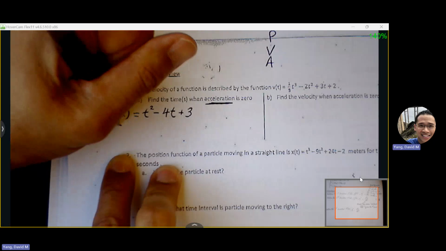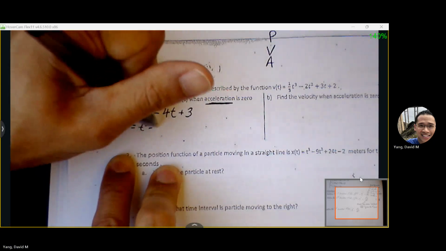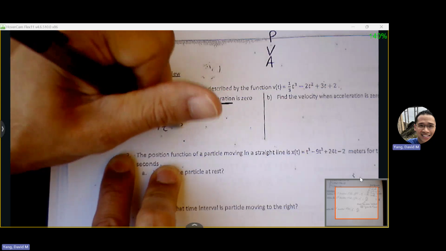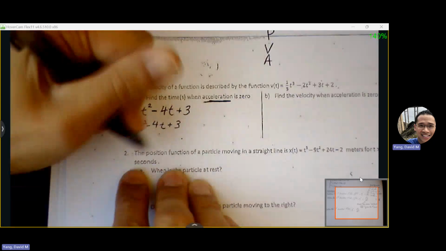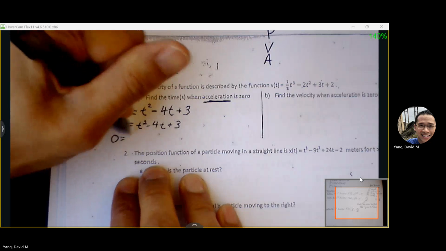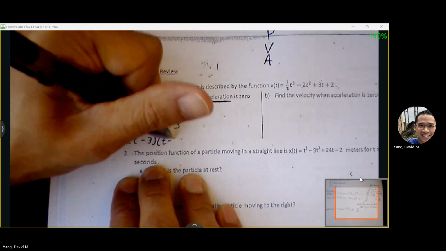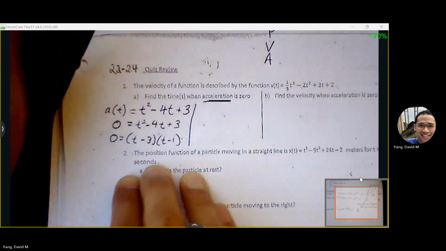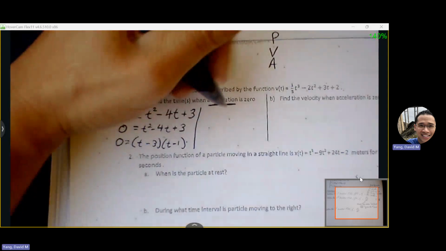So we'll set 0 for acceleration. Now this we can factor, right? Binomial factoring multiplies to be 3, adds to be -4. Solve for t, we get t equals 3 and t equals 1.